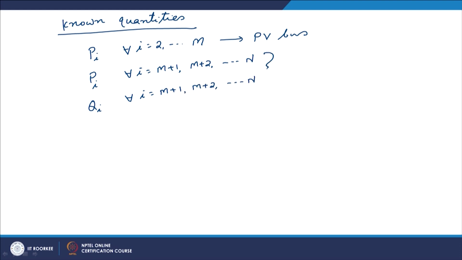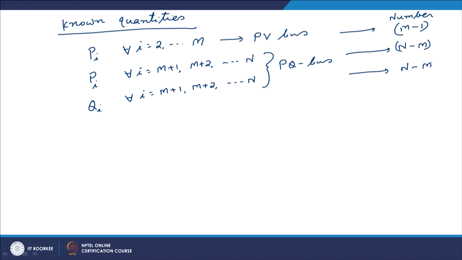So here the number is m minus 1, here the number is n minus m, and here the number is n minus m. If I add them together, the total comes out to be 2n minus m minus 1.